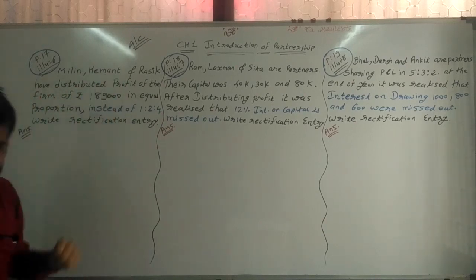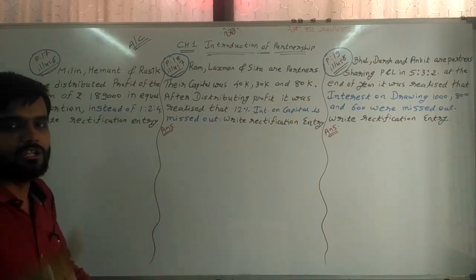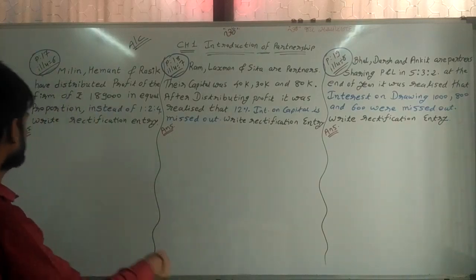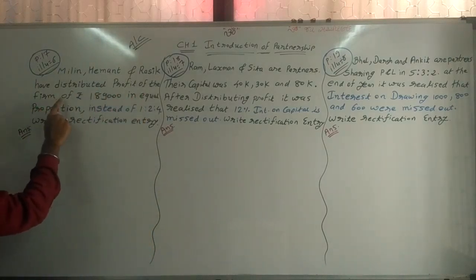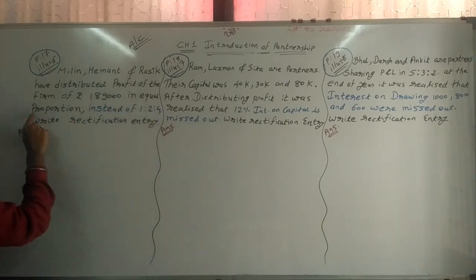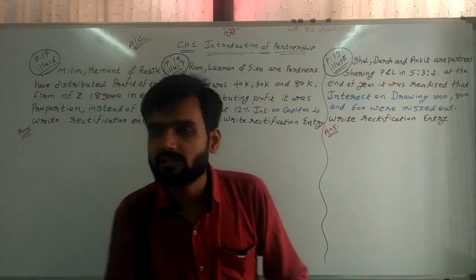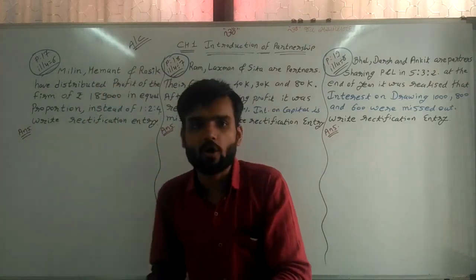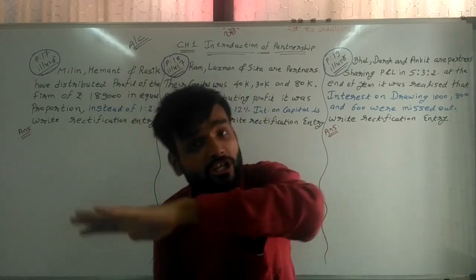It means three partners have distributed profit of the firm of rupees 1,89,000 in equal proportion. They have already distributed.